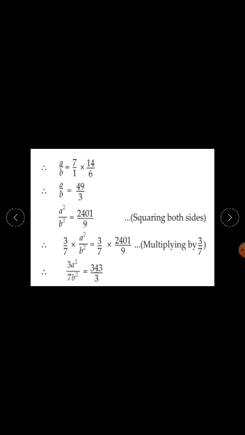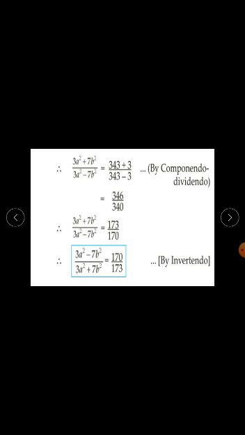Componendo dividendo means (a + b) upon (a − b) equals (c + d) upon (c − d). Now 343 plus 3 is 346 and 343 minus 3 is 340. So it equals 346 upon 340, and the lowest form is 173 upon 170.